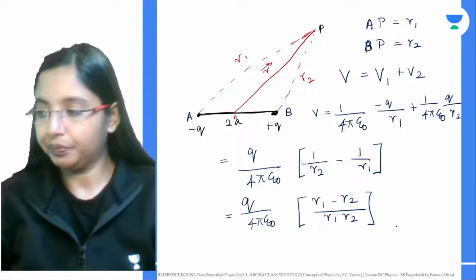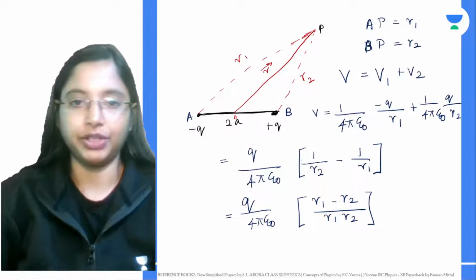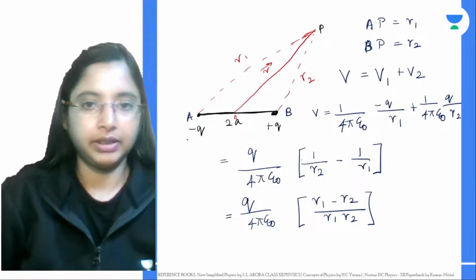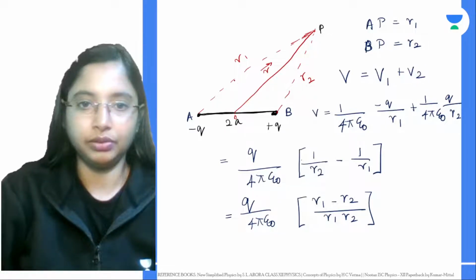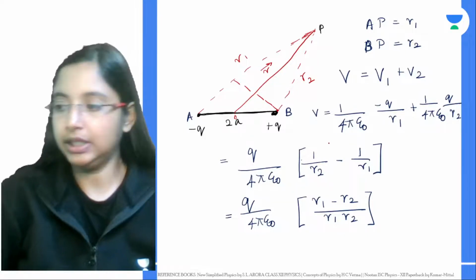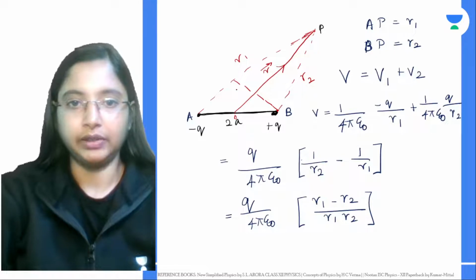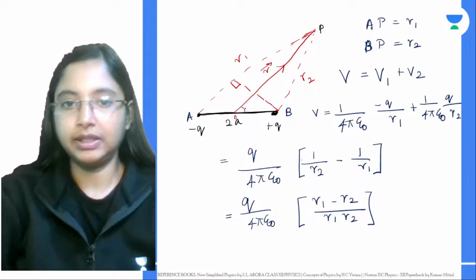Now what is R1 minus R2? Which distance gives us R1 minus R2? We need to see. Let's consider this as a triangle. From this point, if I draw this, this angle over here becomes a right angle, and this angle is theta.